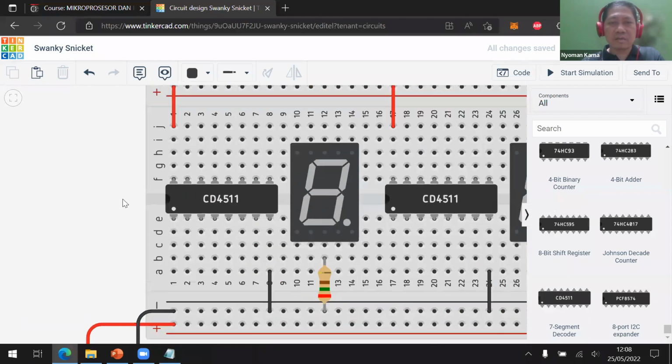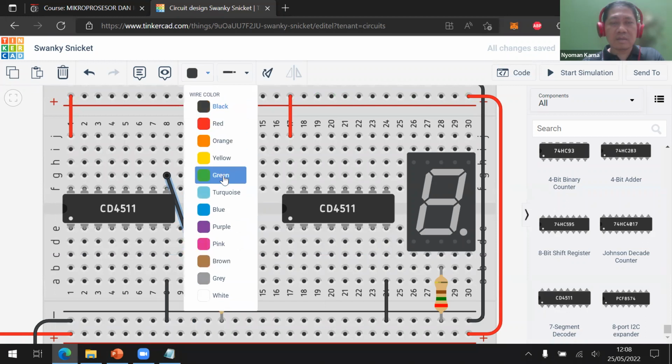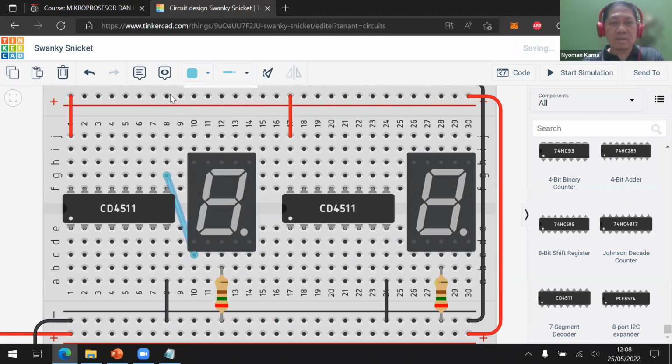Now, let's connect this BCD to 7-segment to the 7-segment. Okay, this one is E, and this one is G. This one is E. So this one is supposed to connect to this one. Let's use gray. And then this one is D. D is in here. Okay. And then this one is C. C is here.